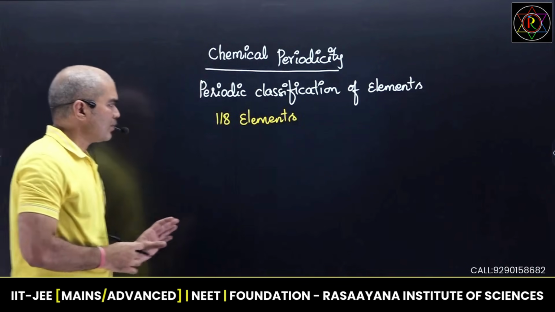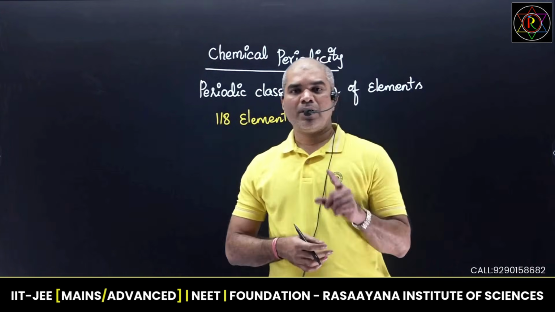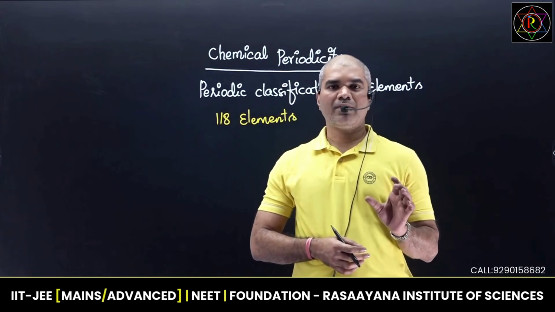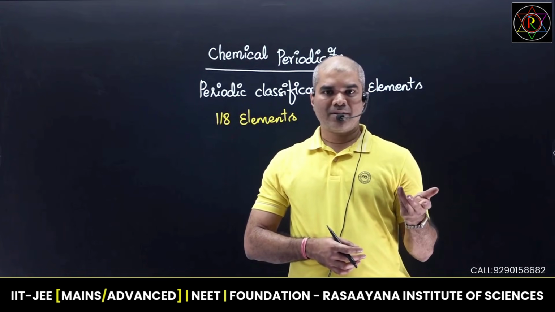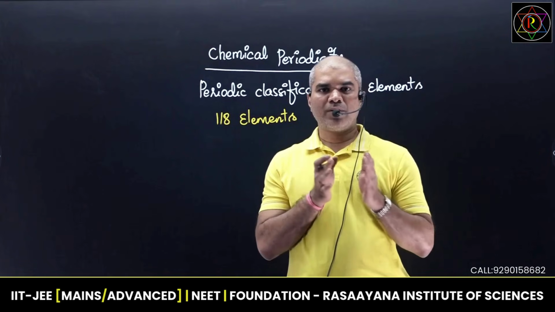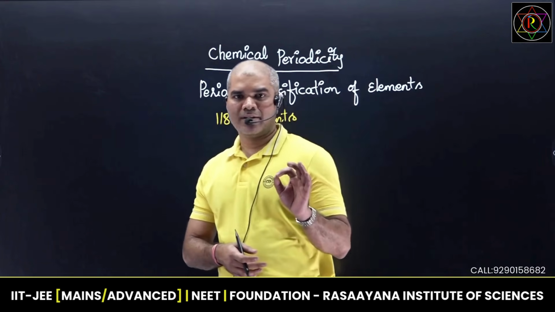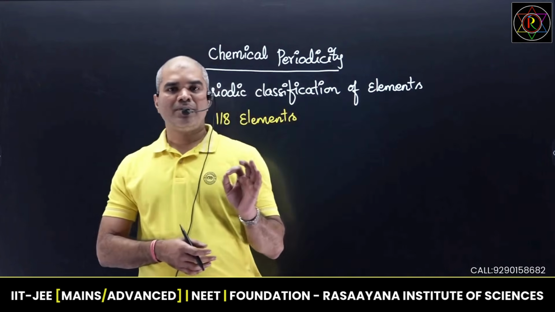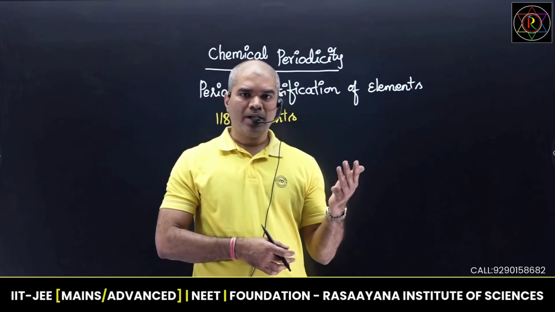First of all, let us write all these elements without seeing. That will give you a lot of confidence. Without seeing it will take a little time, maybe 1 week or 2 weeks, but definitely you have to practice writing the elements right from 1 to 118. Even if you don't remember the elements up to 118, you should be able to remember the elements present in S block, P block, D block and F block.